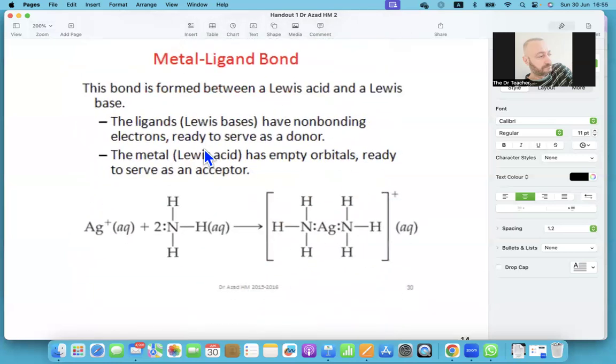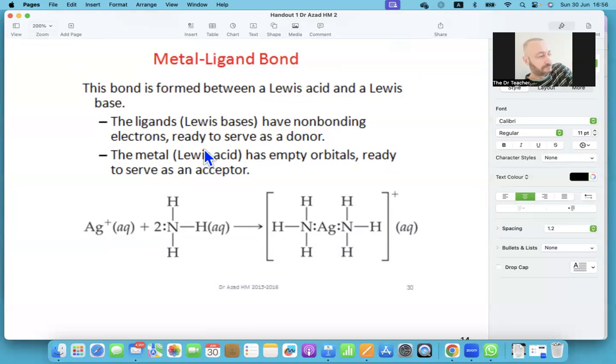Now we come to the metal ligand bond. This bond is formed between a Lewis acid and a Lewis base. The ligands are Lewis bases. Why? Because they donate lone pairs.